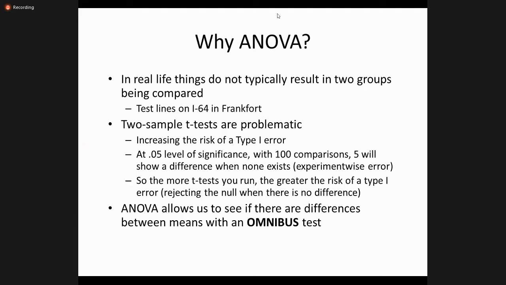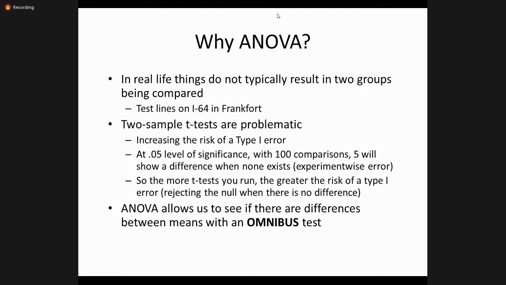The more t-tests you run, the greater the risk of type 1 error, meaning you reject the null hypothesis when actually it was true. The whole purpose of testing the hypothesis is that the researcher wants to reject the null hypothesis. But in repeated t-tests, the results can be misdiagnosed or misinterpreted.